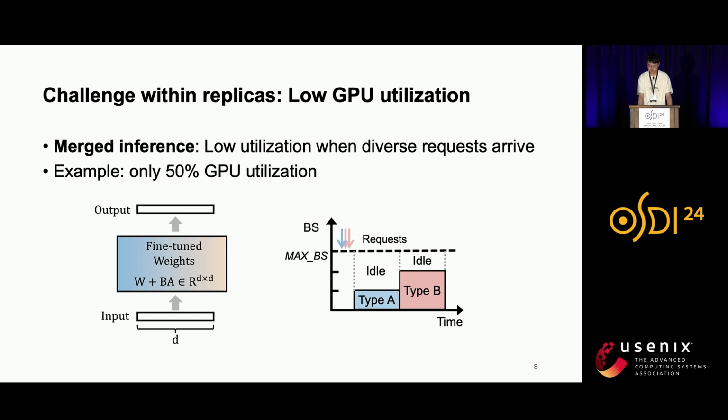For example, as shown in the right illustration, when 3 requests belonging to 2 different types arrive, the processing time for these requests is twice as long as serving 3 requests of the same type, and the GPU utilization can only reach 50% of the ideal situation.